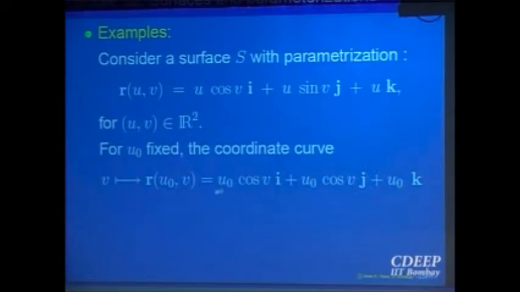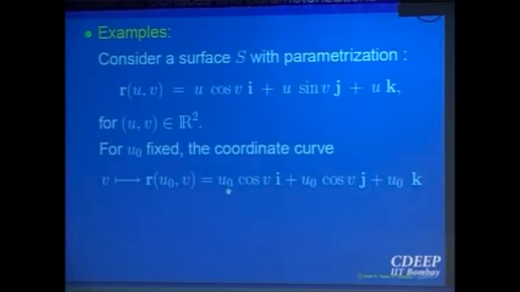What is this curve? u0 cos v, okay? Oh, there is a mistake here, right? That should be u0 sin v j plus u0 k. u0 is fixed, z coordinate is fixed, so it is going to be a curve in that plane, right? z is equal to u0, and what is that curve?